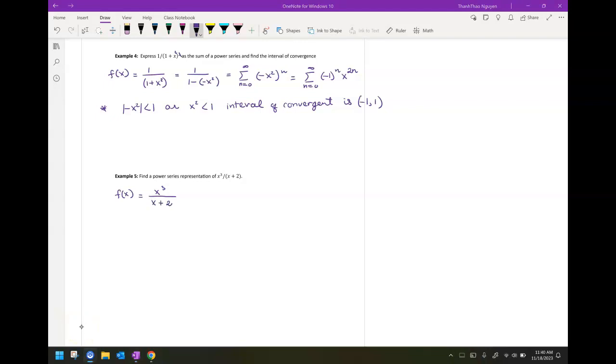I can rewrite this as x to the third divided by 2 times 1 plus x. So this is x to the third divided by 2 times 1 minus negative x.